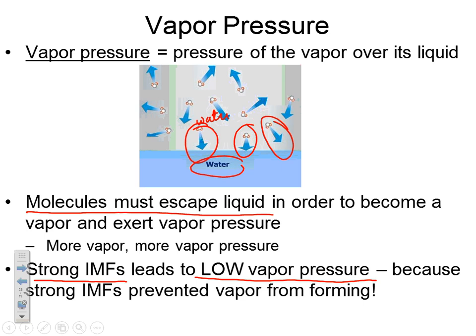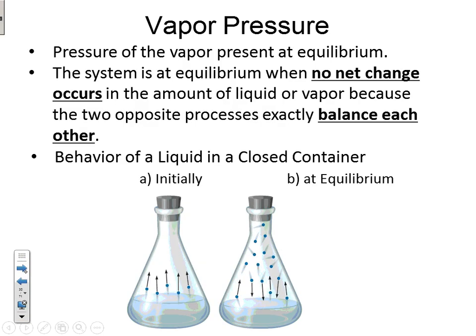If your liquid molecules are highly attracted to one another, then they are not going to evaporate easily. And if they don't evaporate easily, you don't have a lot of vapor. And if you don't have a lot of vapor, you have very low vapor pressure. So that's a huge point about vapor pressure, that we actually see this sort of slightly inverse relationship with intermolecular forces of attraction.